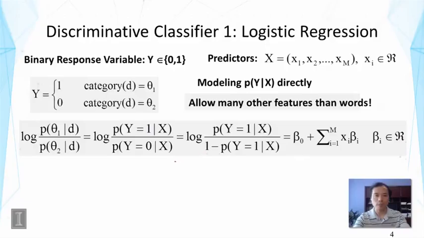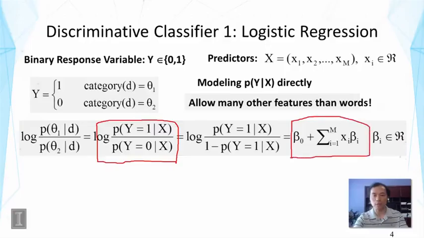More specifically, we assume that the log of the ratio of the probability of y equals 1 and the probability of y equals 0 is a function of x. It's a linear combination of these feature values controlled by beta values. And since we know that the probability of y equals 0 is 1 minus the probability of y equals 1, this can also be written in this way.